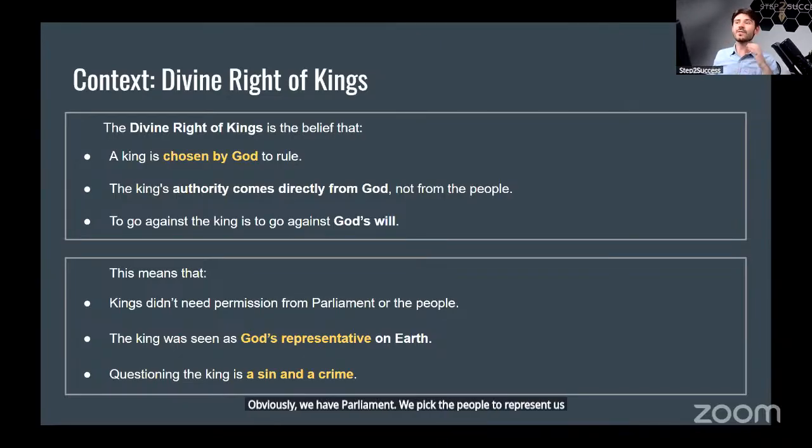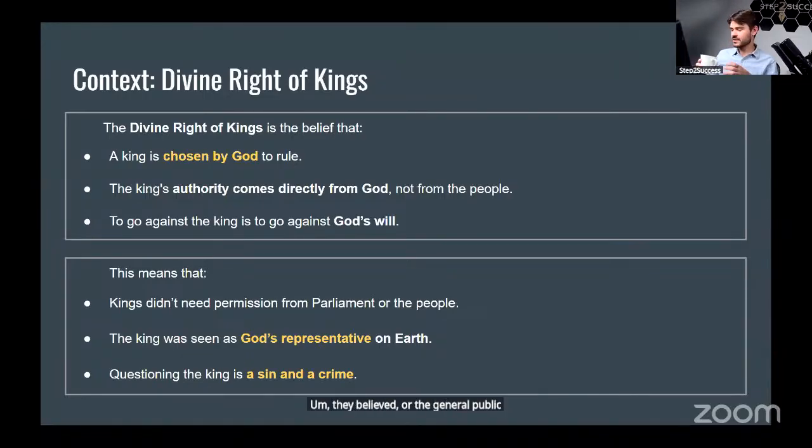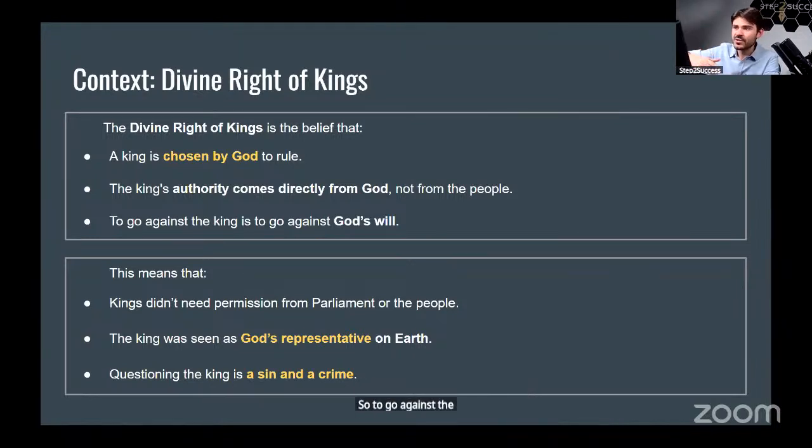But back then in the sort of 1600s, they believed, or the general public believed, that the person who was king, that was chosen to rule, was chosen directly by God. They were God's representative on earth. So to go against the orders of the king was to go against God himself. And therefore, it was considered a sin. So questioning the king was a sin.